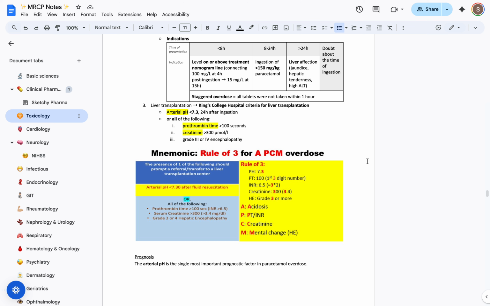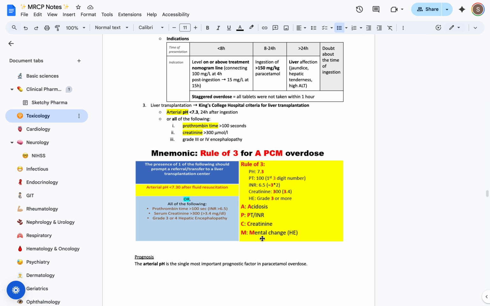Okay? And then if there's acidosis, so pH less than 7.3, PT INR more than 100, creatinine more than 300, mental change encephalopathy grade 3 or more. So these are the 4 indications.